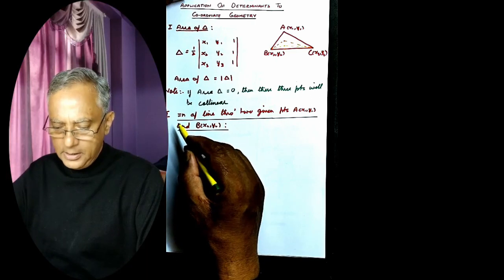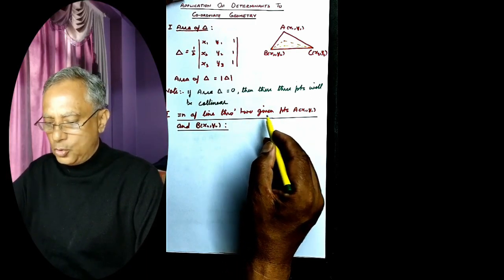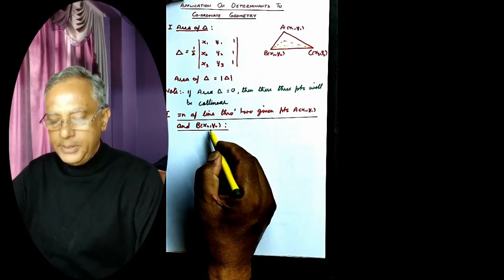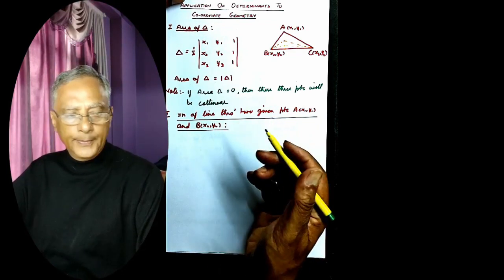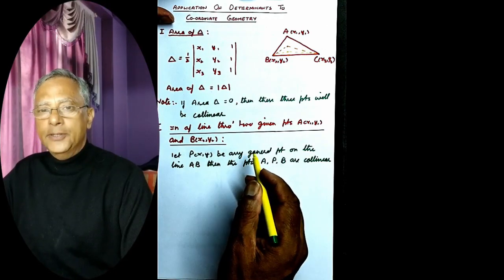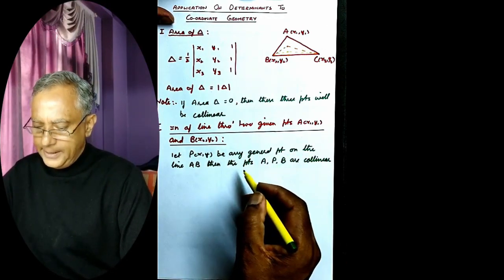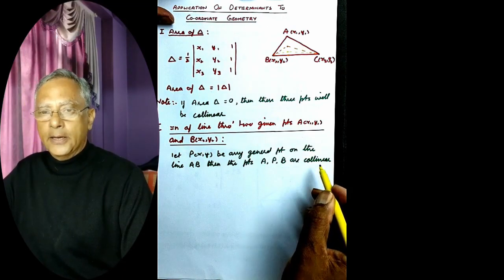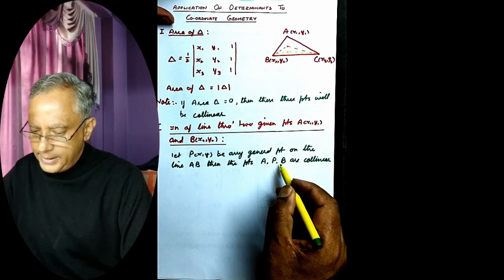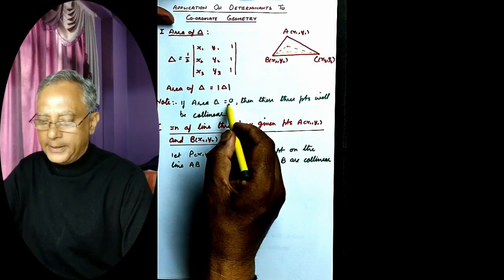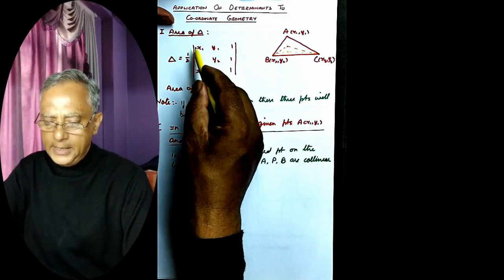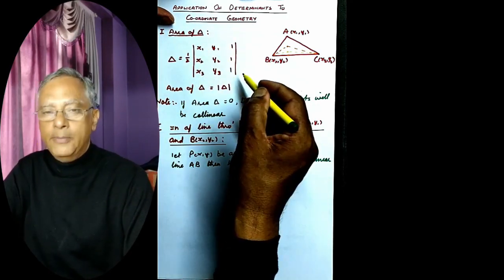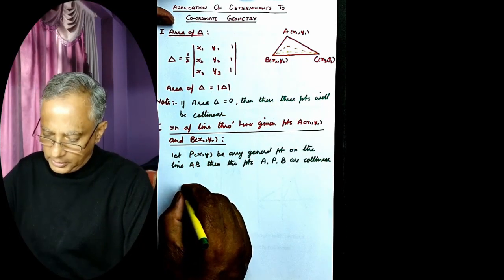Now the next application is to find the equation of a line through two given points A (x1, y1) and B (x2, y2). Let P (x, y) be any general point on the line AB, then the points A, P, B are collinear. And since these 3 points are collinear, the area of the triangle formed by them is 0. This means this determinant will be equal to 0.